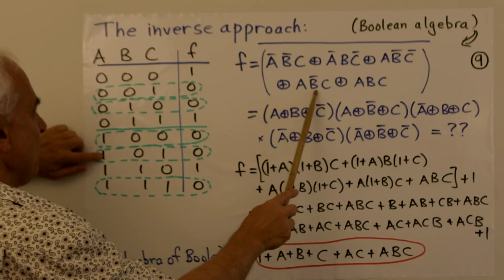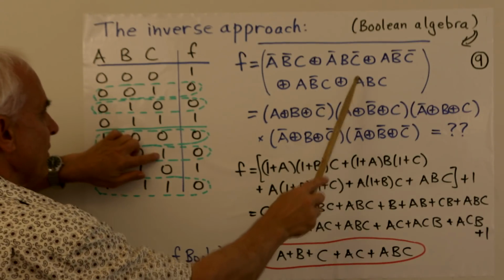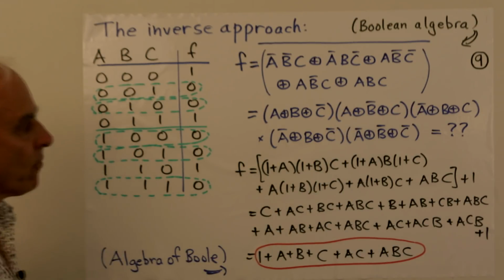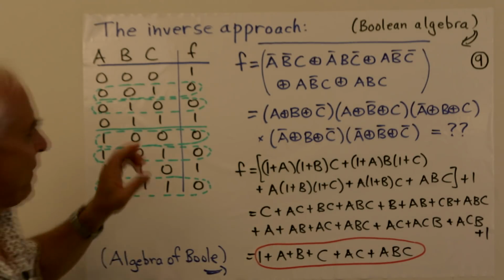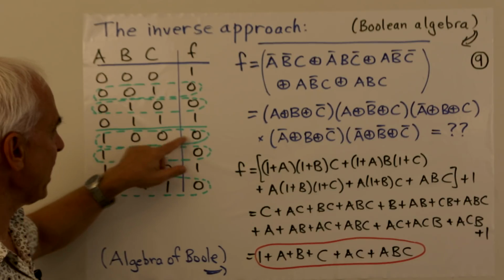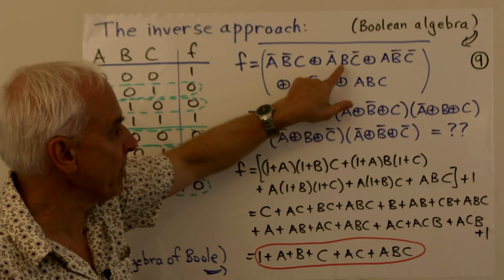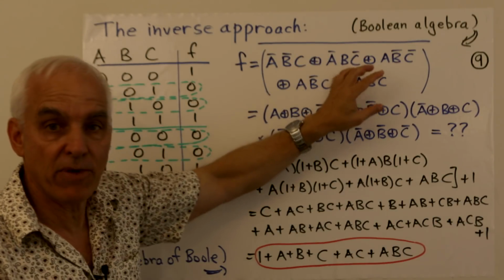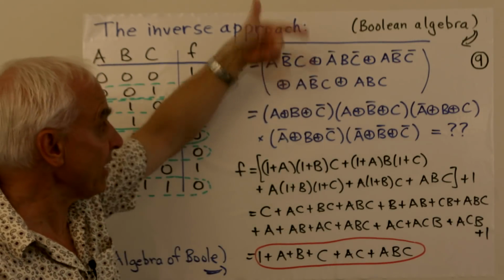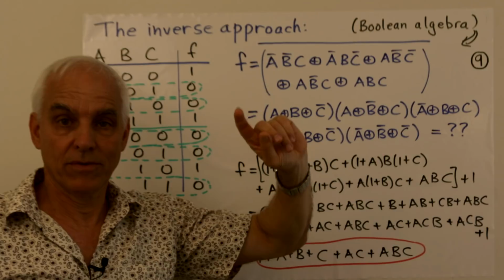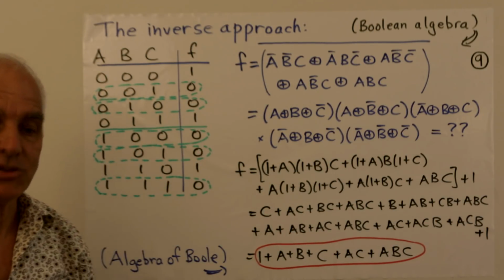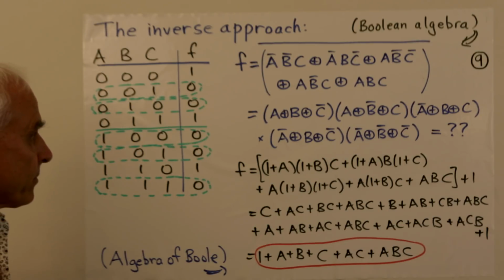A, B bar, C, that row, and finally the last one, A, B, C. So if any one of these conditions is satisfied, then the corresponding element here will be 1. The rest will be 0. Inside the bracket there will be a 1, and when we take the bar, we're going to get a 0. That will then correspond to exactly the places where this thing is 0.